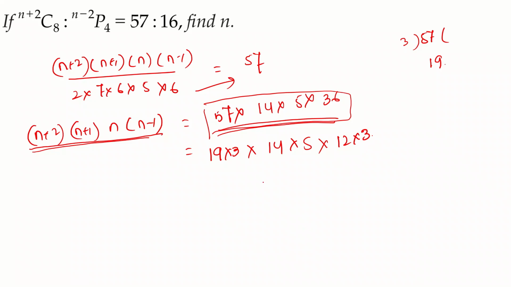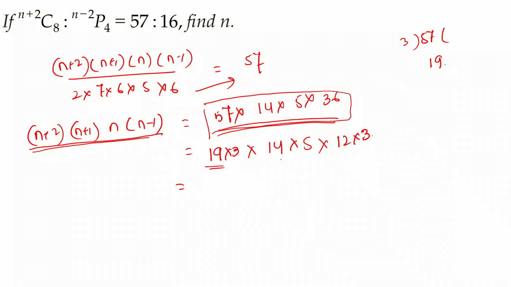I think I will be getting numbers somewhere near to 19, because 19 is a prime number and there is no way we can factorize it further. So my hunch is that I will be getting some numbers which are near to 19. The numbers could be 15, 16, 17, 18, or 16, 17, 18, 19, or 17, 18, 19, 20. I'll be having 19 somewhere. That is my hunch. So I'll try to convert this into a series of 4 consecutive natural numbers.